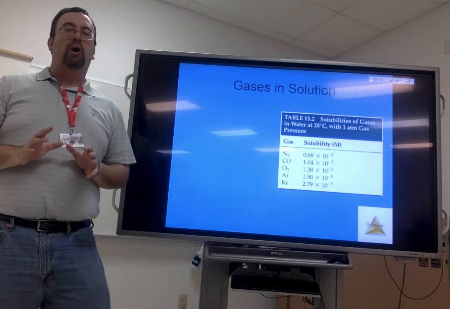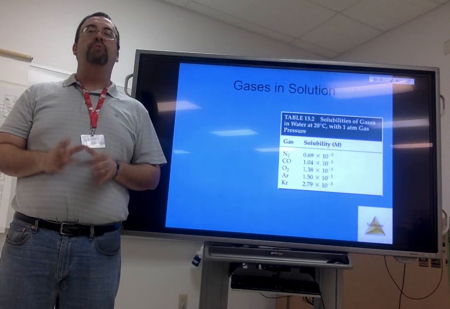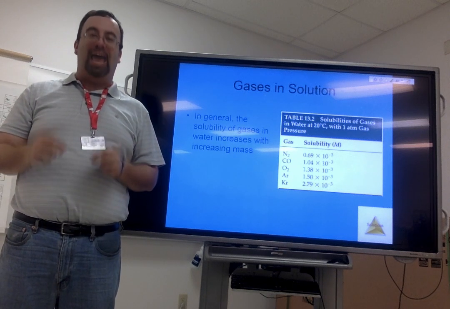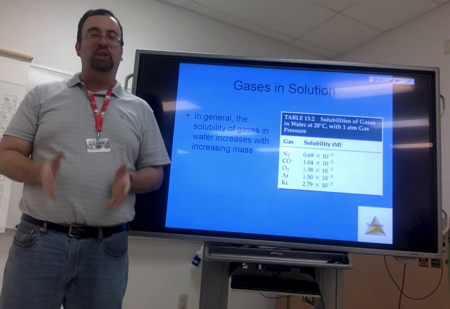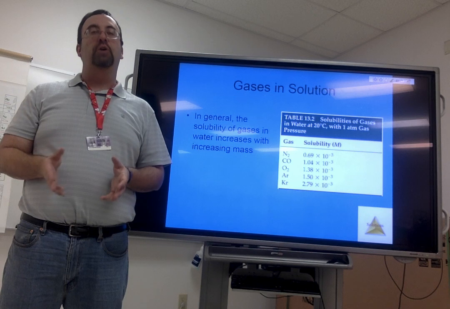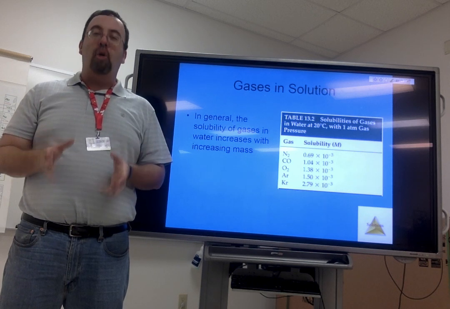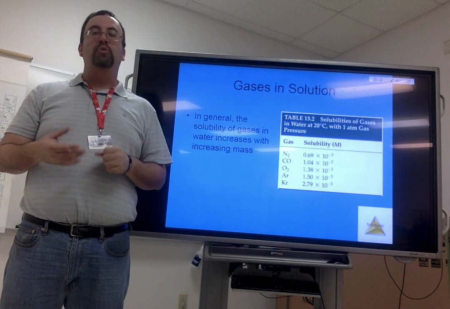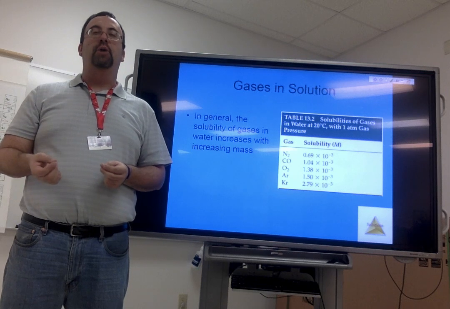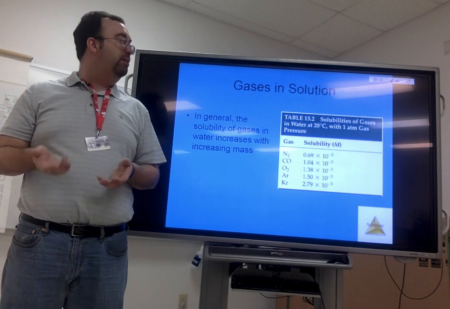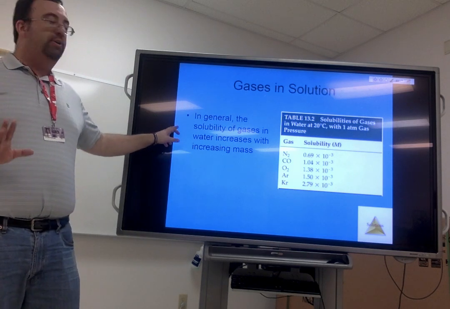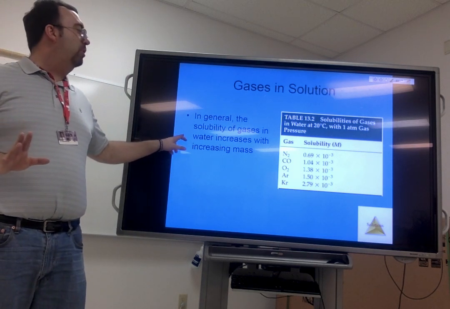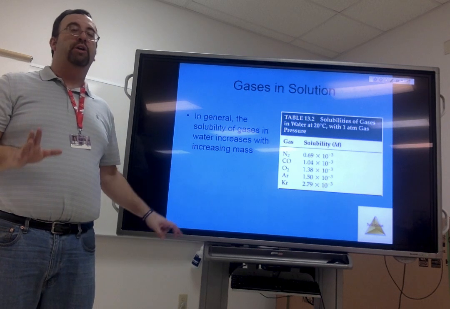I want to now turn our attention to what happens if we try to get a gas in the solution. A very common example of this is carbonated beverages. By adding carbon dioxide to pop, you can give it that fizz, and it will also help to improve its flavor. In general, the solubility of gases in water will increase with increasing mass.